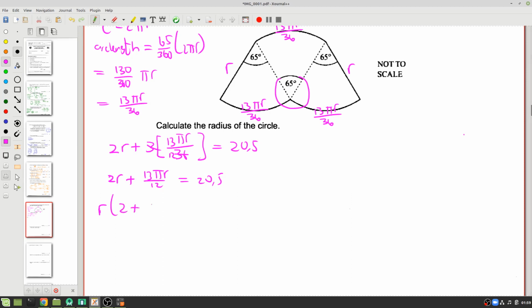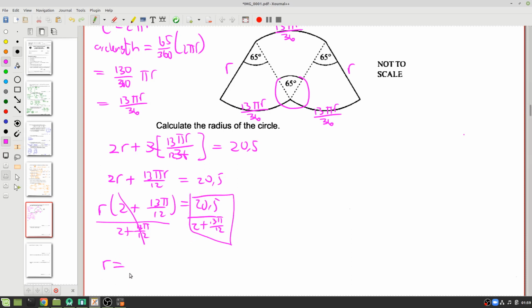Well, that'll be 2 plus 13 pi over 12 equals 20.5, and then we can just divide both sides by 2 plus 13 pi over 12. So that'll cancel out, and we just have r equals, and then we can type this whole thing in our calculator and see what we get.